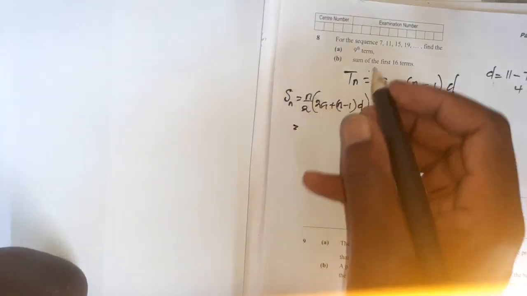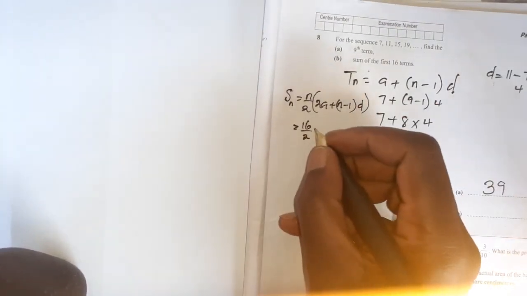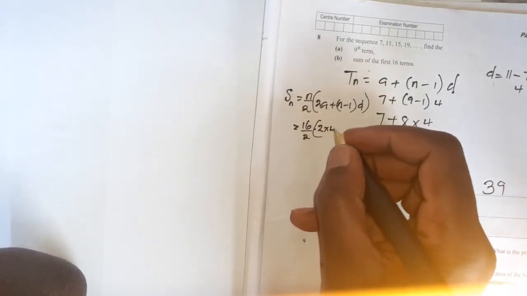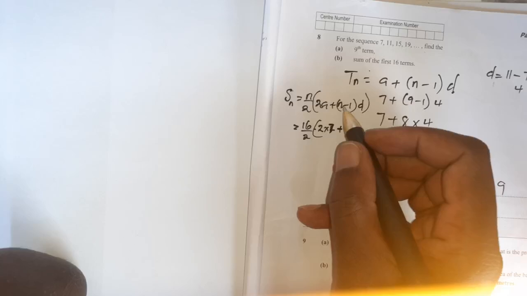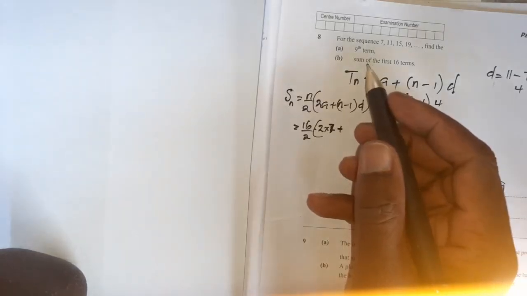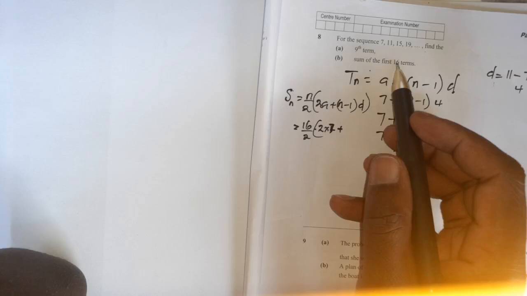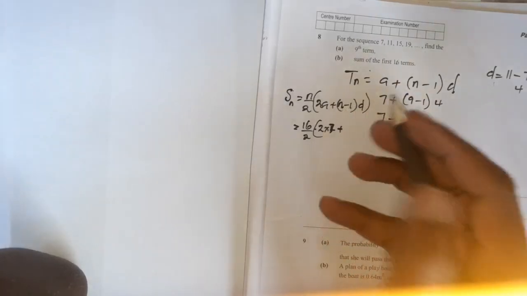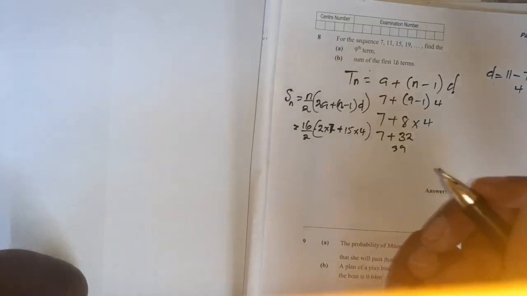Where there is n, we put 16 over 2, open brackets, 2 multiplied by 7, plus 16 minus 1, which gives us 15, multiplied by 4.